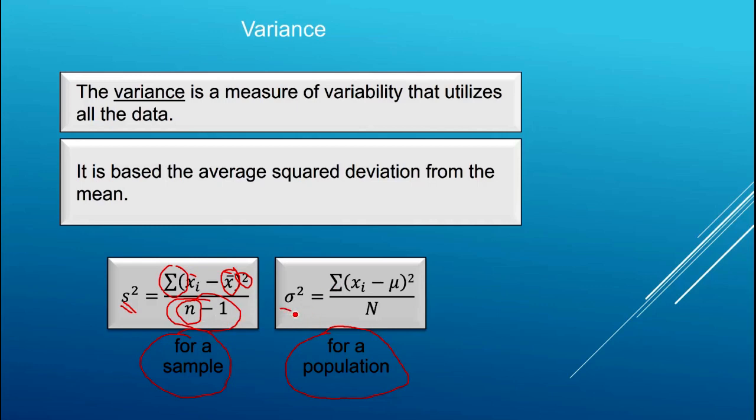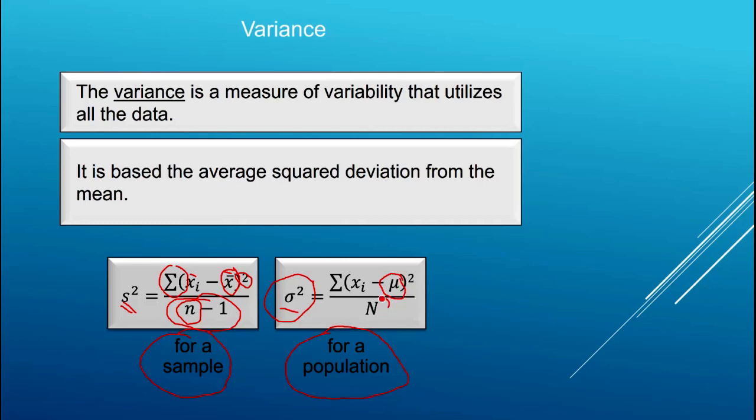When we look at the population, the formula looks very similar. The exception is that we denote the population parameter with the Greek sigma squared. Also note that we've replaced x bar with mu, where mu is our population parameter for the population mean.